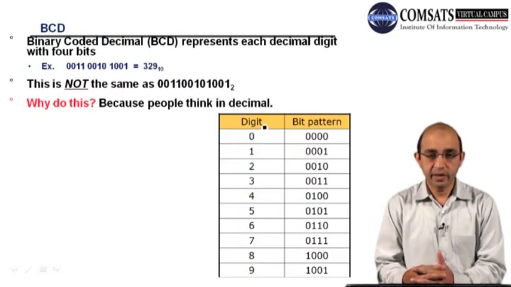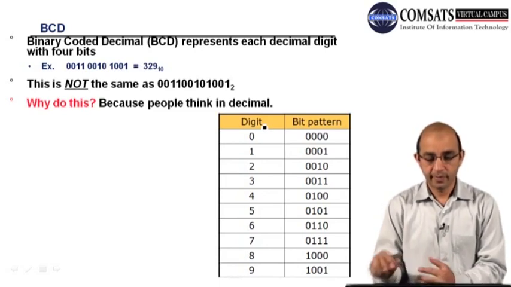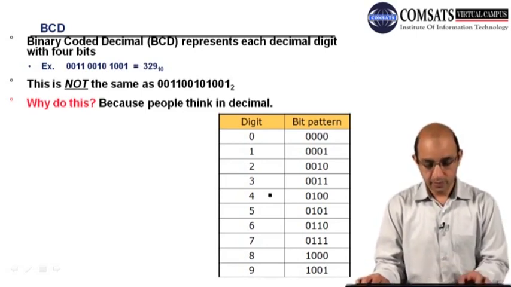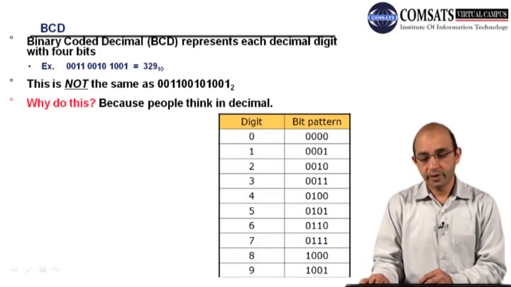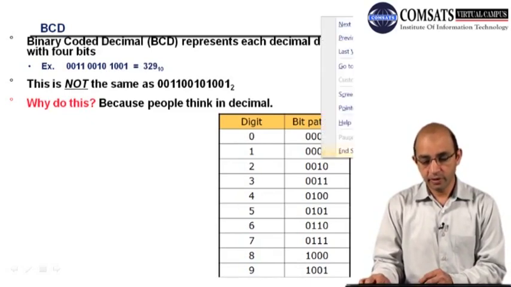In that coding scheme, we represent each number with a 4-bit binary equivalent, right?